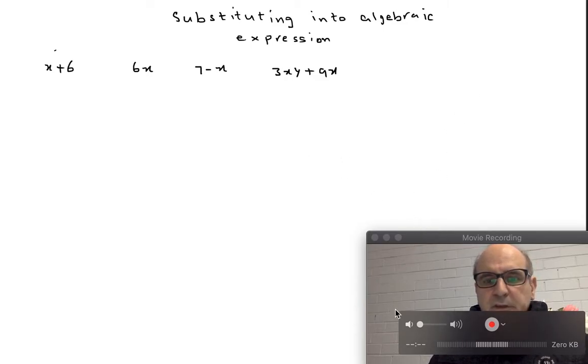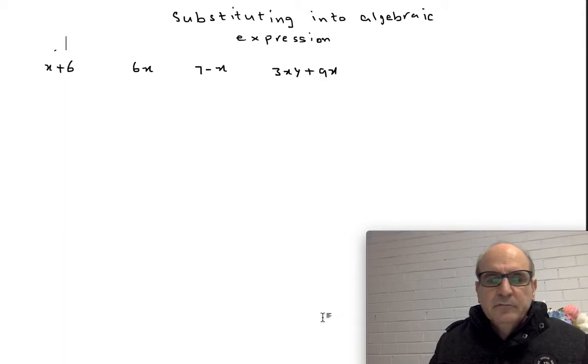which we will be discussing later in some other lesson. But for the time being, we are concentrating on substituting into algebraic expressions. What does substitution mean? Substitution means you are replacing the letters that you have in the algebraic expression, like x here, x here, x here, x and y here, with a given number.